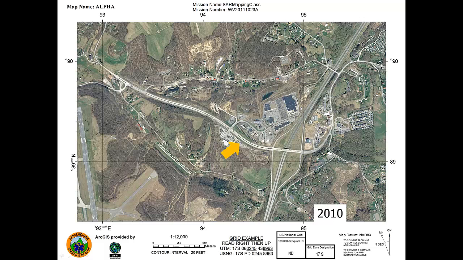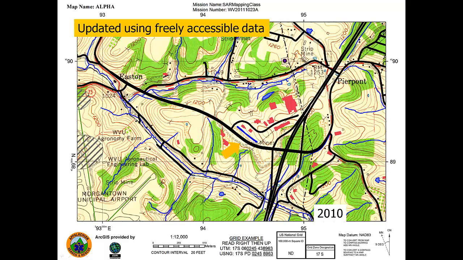However, with the appropriate spatial data, we can actually take that 1954 map and update it with 2010 information. So now we've incorporated vector data onto our raster image and have updated it to the 2010 level.